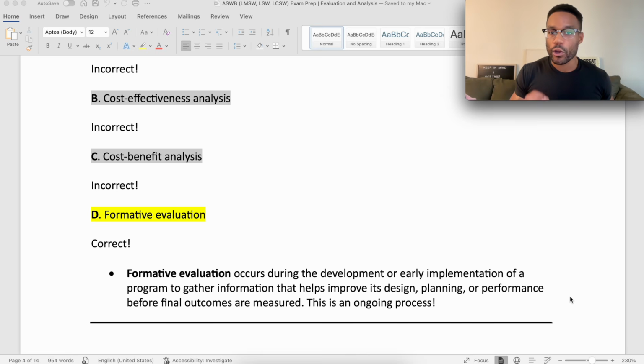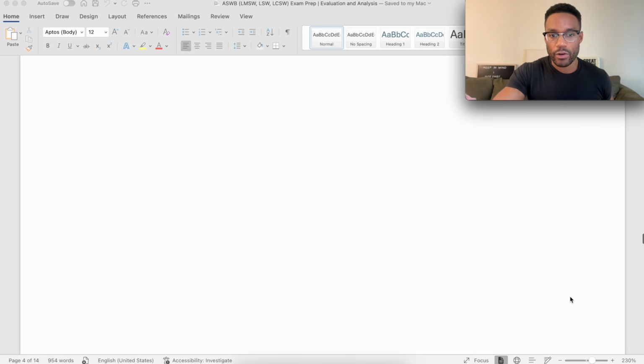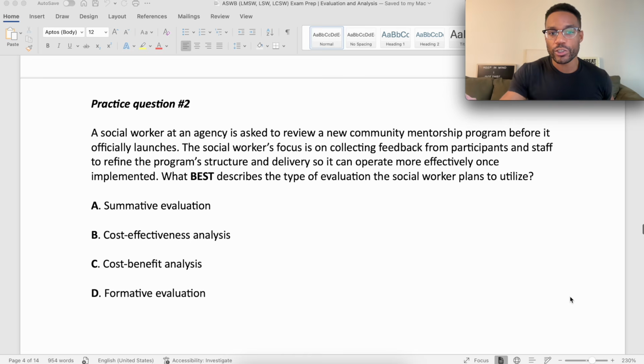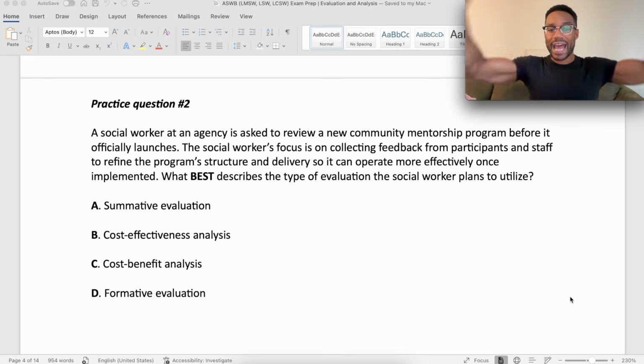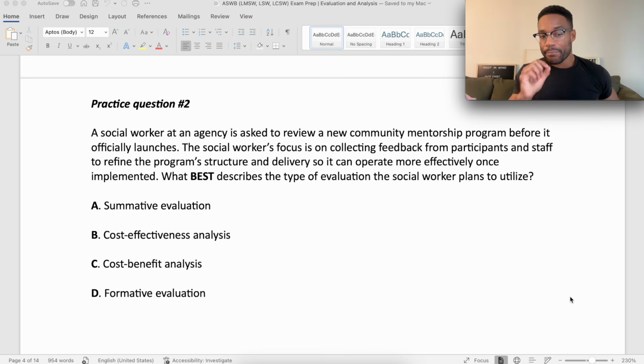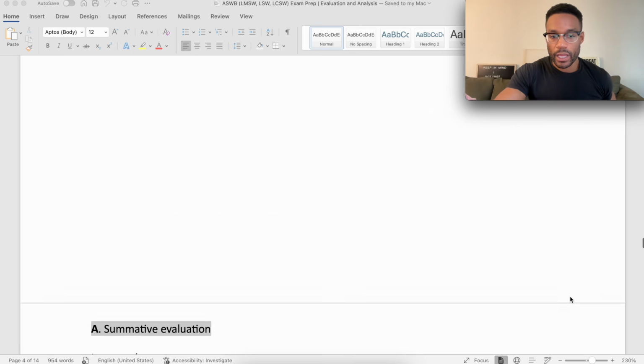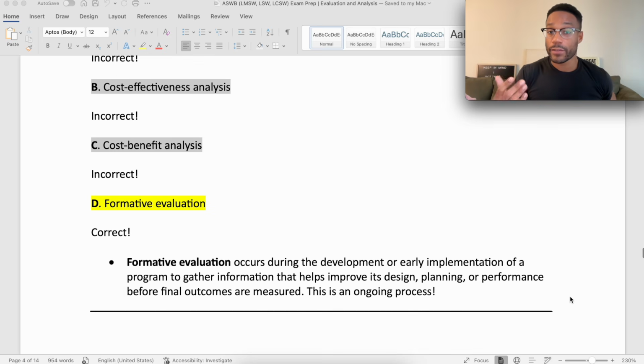This is an ongoing process. And remember, the question said a social worker at an agency is asked to review a new community mentorship program before it officially launches. So what's being charaded to us, acted out, A, B, C, or D? And this is reflective of D, a formative evaluation. So, we definitely want to go with D for this one.